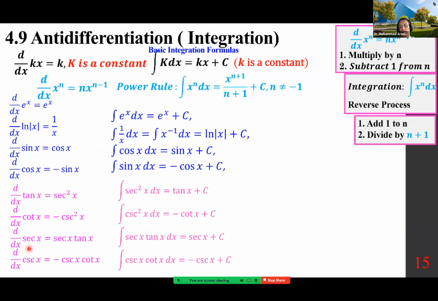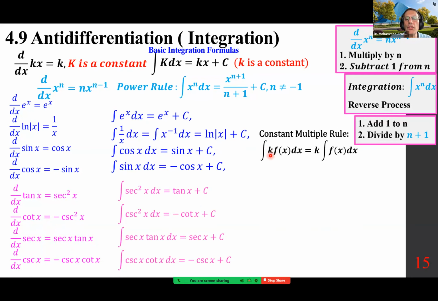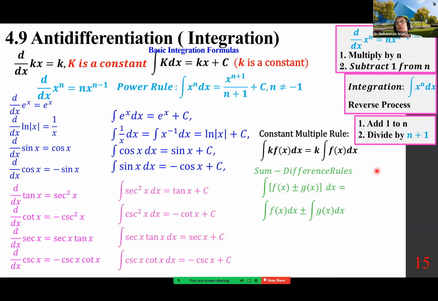Just as when we differentiate, if we had a coefficient, it would remain as a coefficient. The same thing works out with integration. Sum and difference, we just do them as sum and difference. We do differentiation term by term. We do integration term by term.